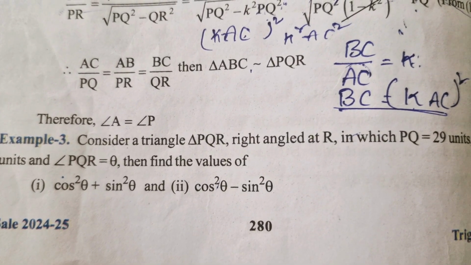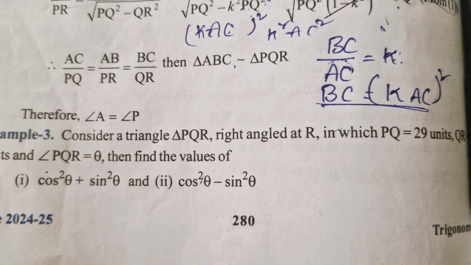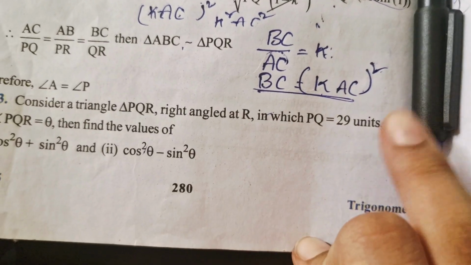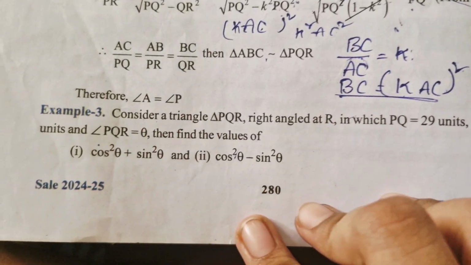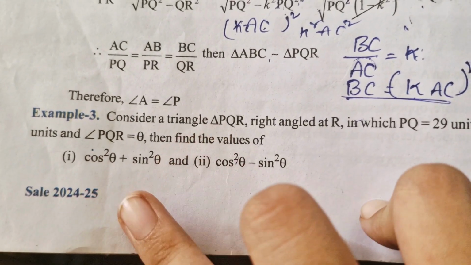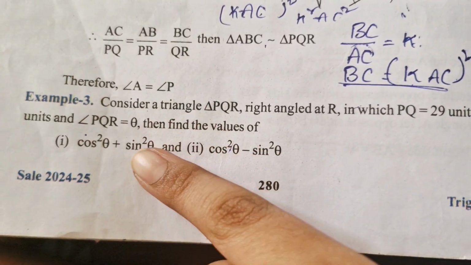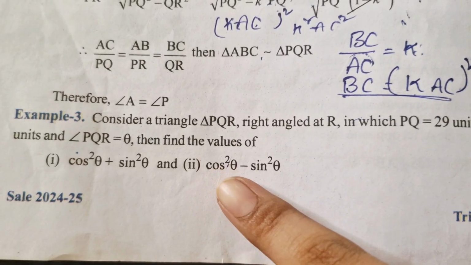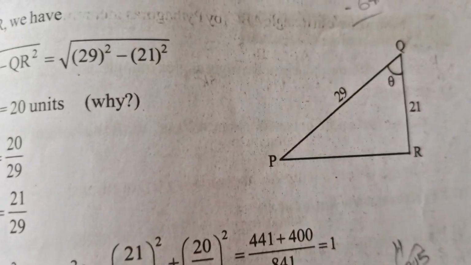Consider a triangle PQR, right angled at R, in which PQ is equal to 29 units and QR is equal to 21 units, and angle PQR is equal to theta. Then find the values of cos square theta plus sin square theta, and also cos square theta minus sin square theta. Let us clarify the question.